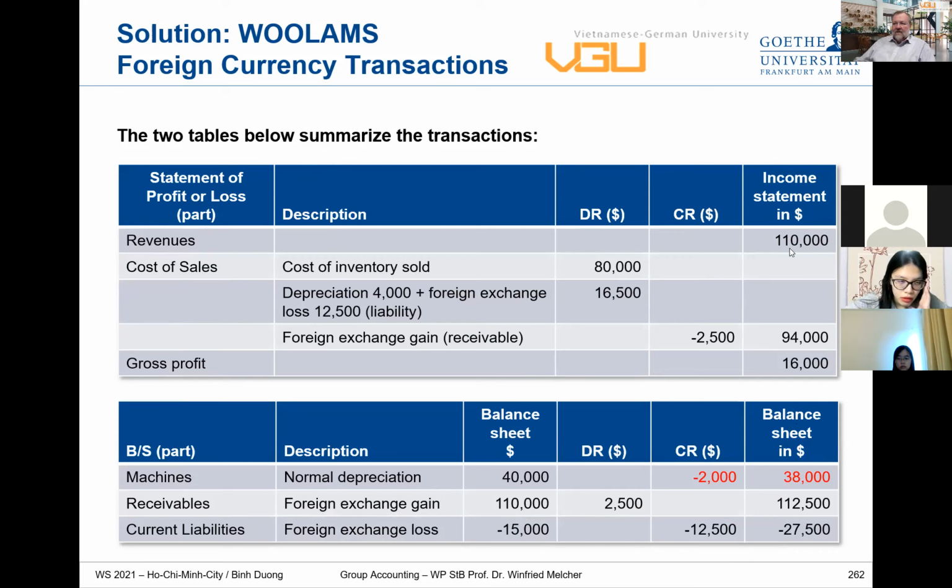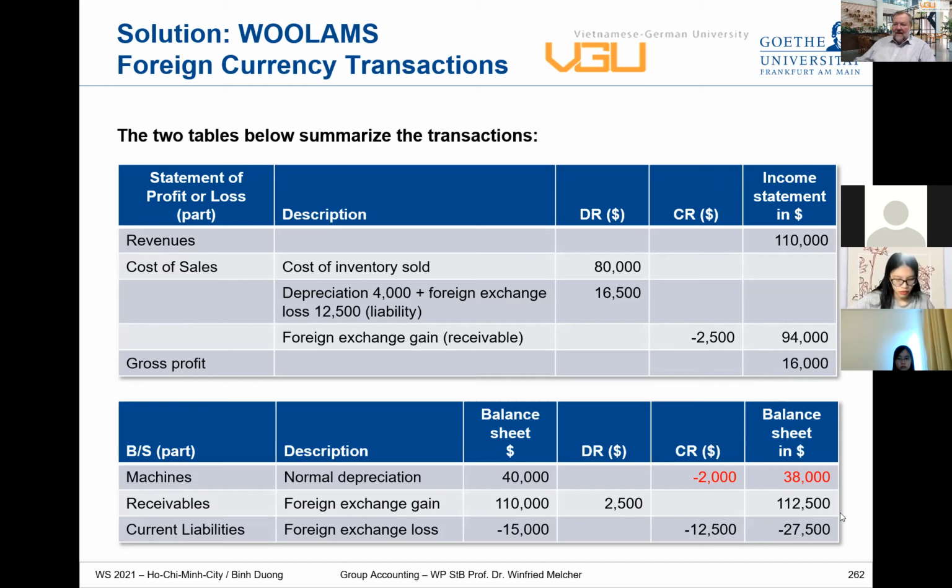So revenues 110, cost of goods sold 80,000, depreciation 4,000 plus foreign exchange loss on the liability of 16,000, and we had a foreign exchange gain on the receivable of 2,500. So in all, we have costs of 94,000, so a gross profit of 16,000.